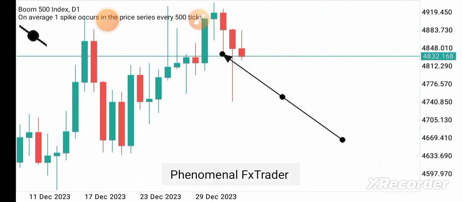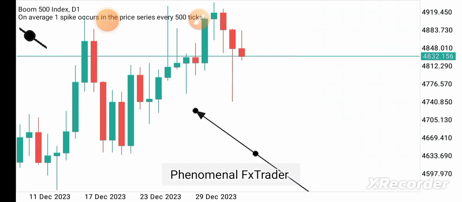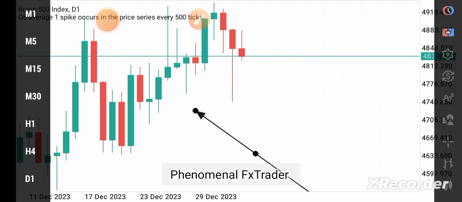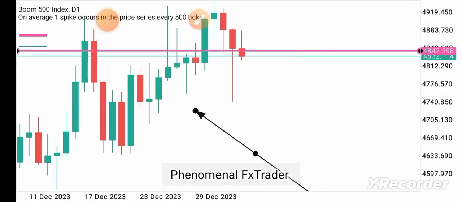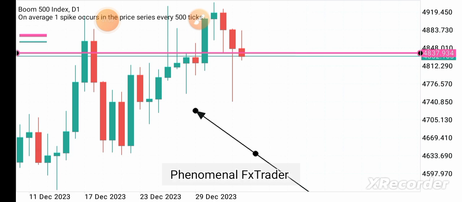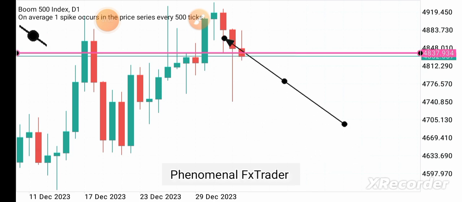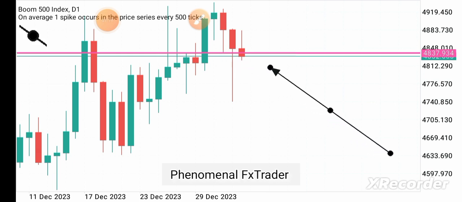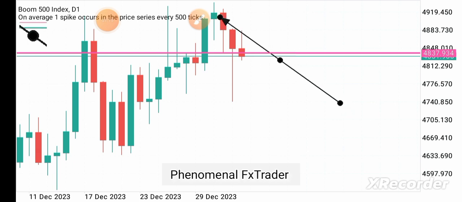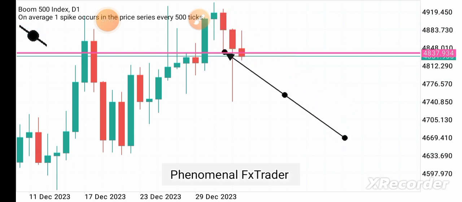So in that case, we'll mark a horizontal line to mark the end of that day. We are doing this because this strategy is born from the idea that wherever the market reverses, something makes it reverse. You see the market was selling from this point down to this point, then it reversed back to this point before it closed for the day.